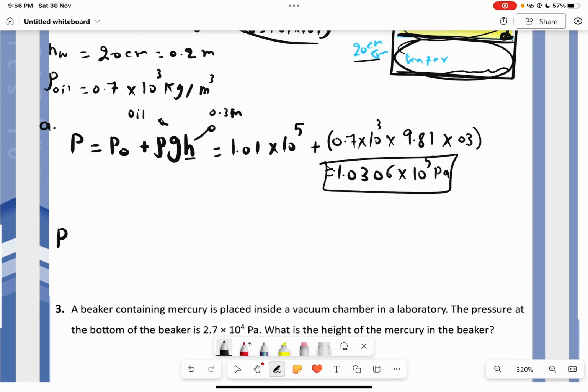So you can easily guess. B. It says pressure inside the water. So guys, look, you have the givens. Let's write them again. Height of water is equal to 0.2 meter.